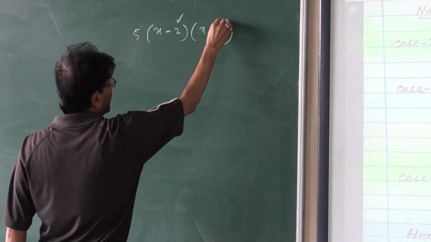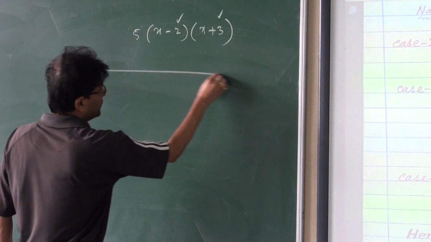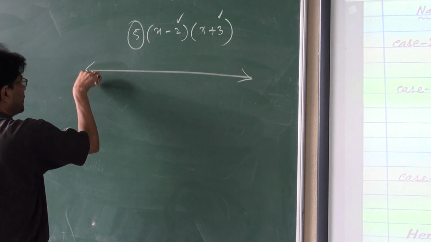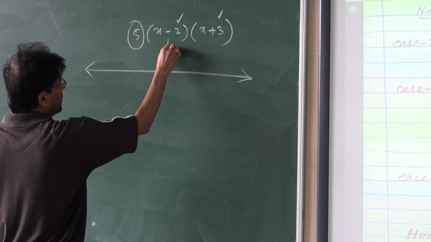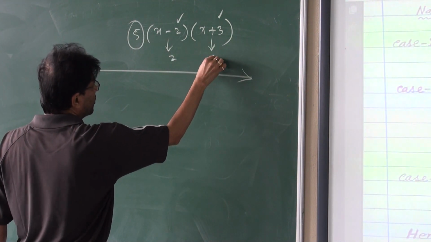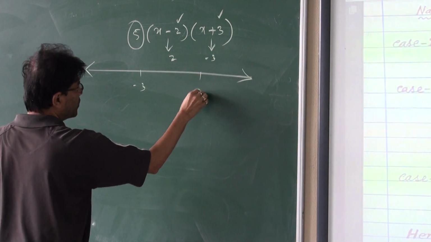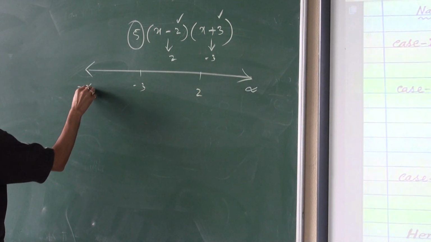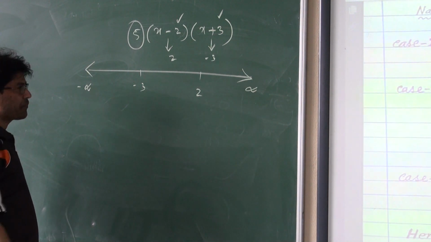This is like alpha, this is like beta. Forget about 5. This 0 gives x is equal to 2, this 0 gives x is equal to minus 3. Suppose this is minus 3 and this is 2. This is infinity, this is minus infinity. This is the interval you are getting.